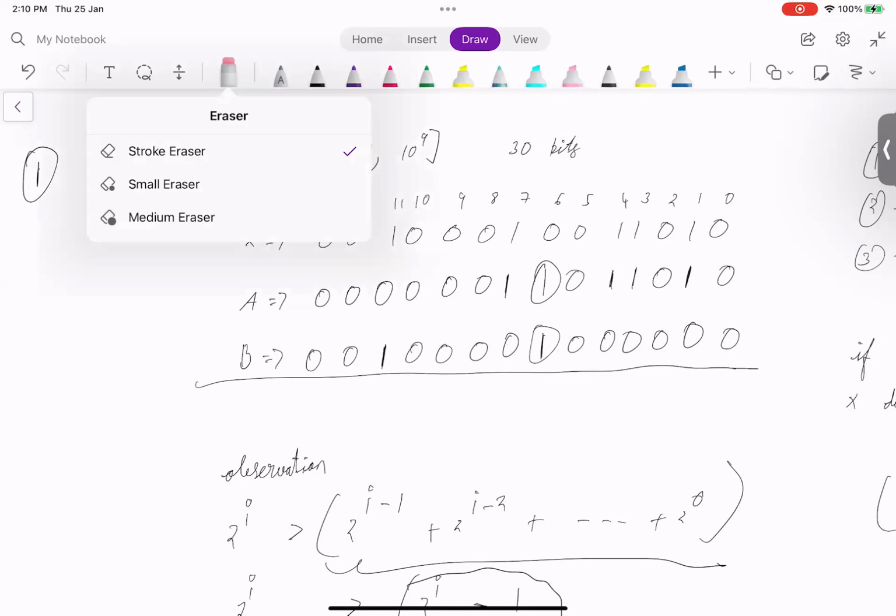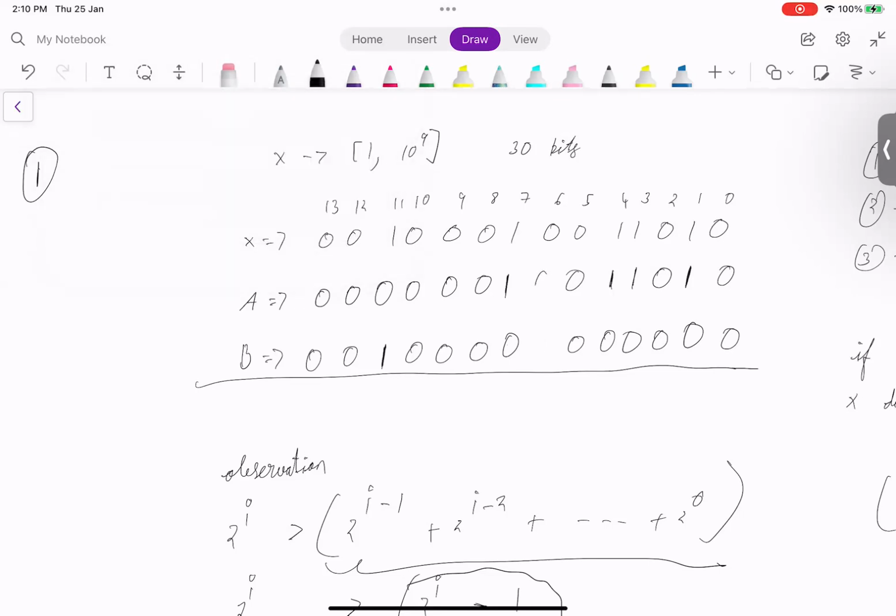Because it's set in both. Now we need to find out how many positions in X are there which are zeros, and which can be kept as one in both A and B.